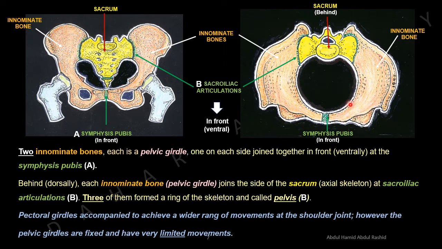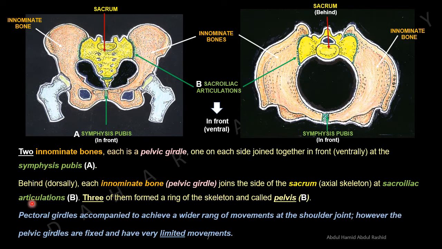Three of them, that is sacrum behind and each innominate bone or pelvic girdle in front, all three join together and form a ring of the skeleton called pelvis.